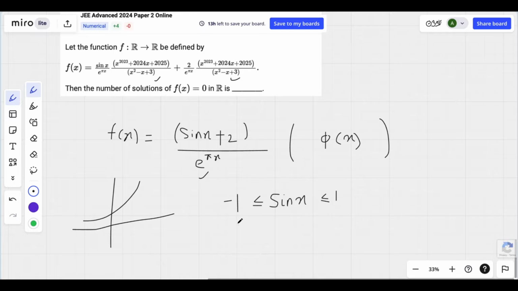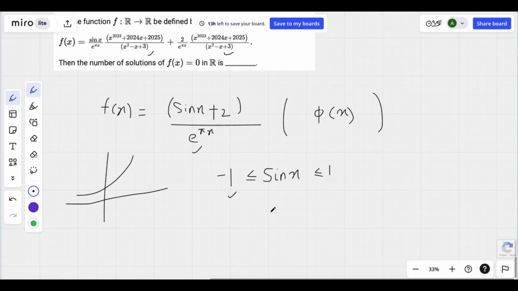The minimum value sin x could take is minus 1, and if we add 2 to all the sides, sin x plus 2 is always greater than or equal to 1.